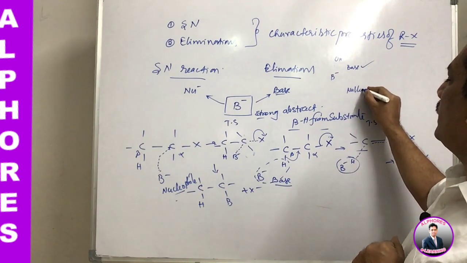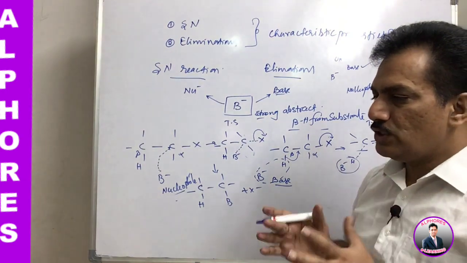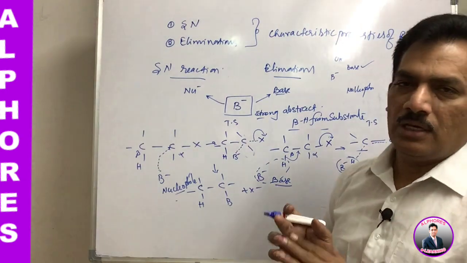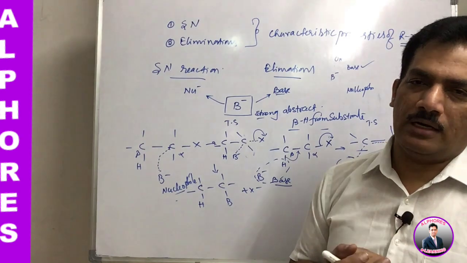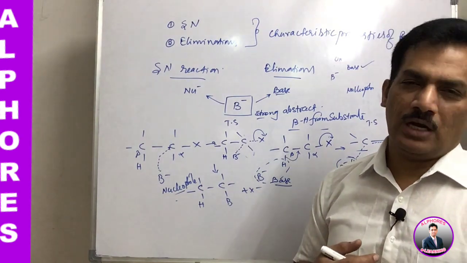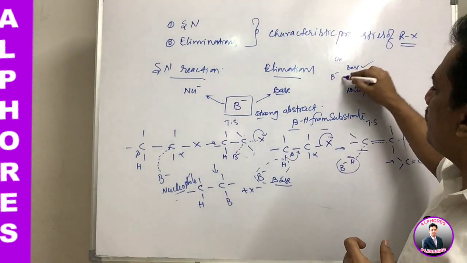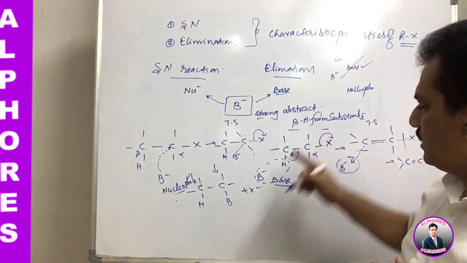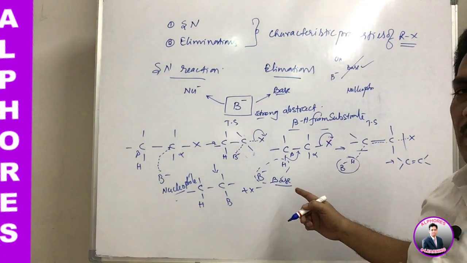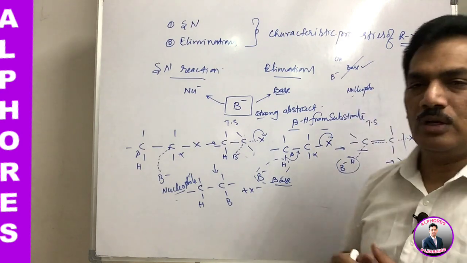That means for a reagent, if there is any chance to behave like a base, it will be given utmost priority. And then what is the meaning of behaving like a nucleophile? In case they fail to behave like a base, that is they fail to create any elimination, then the second option is behaving like a nucleophile.